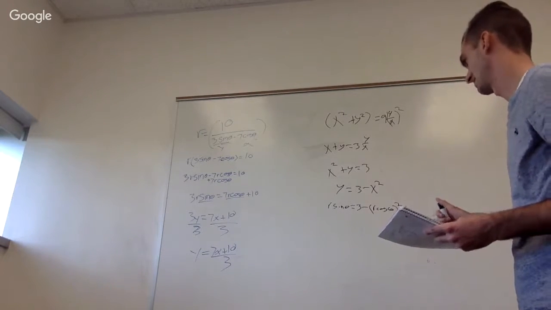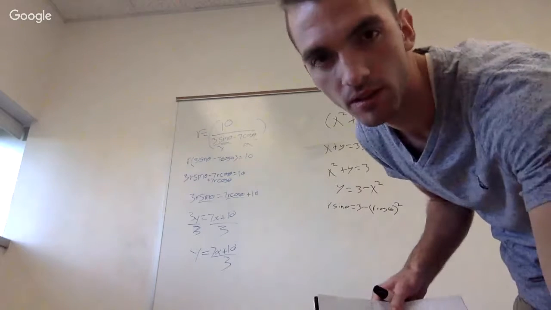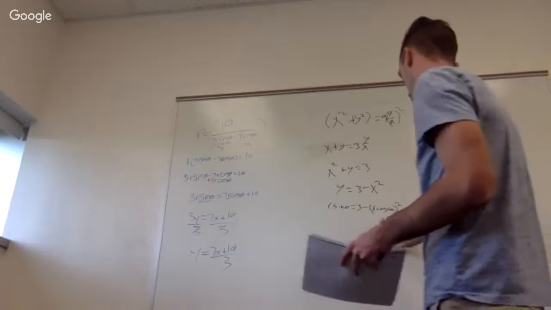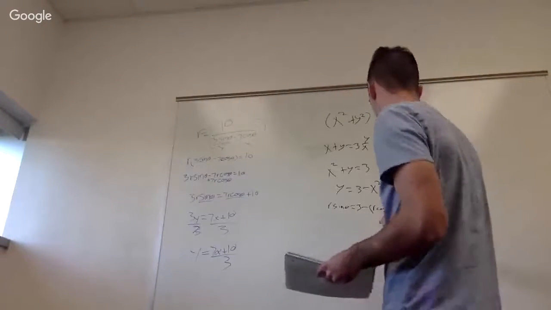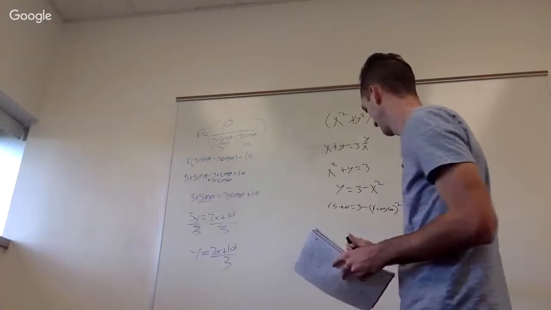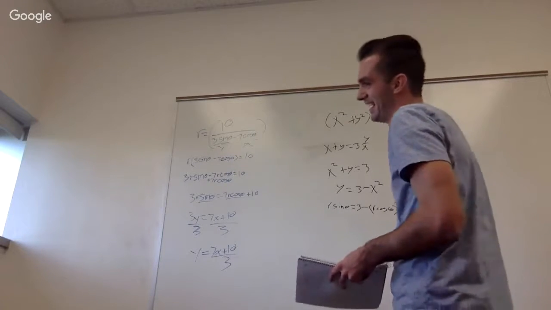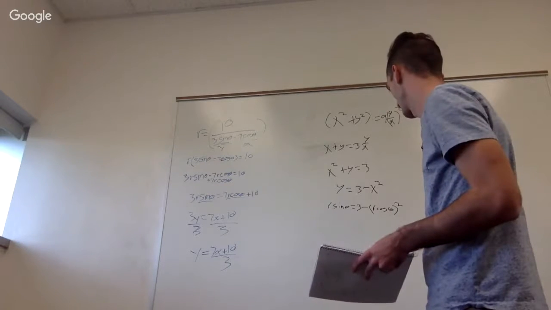Okay, so we want to get things in terms of r equals. So this is where things get tricky because we have to square this. I'm not sure that this is the best way. So we have to square root that.